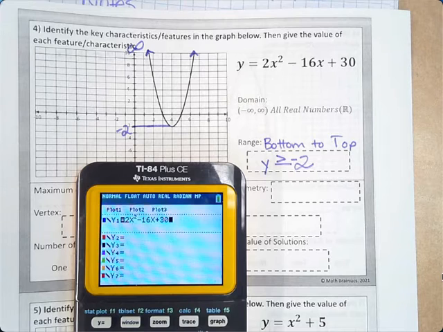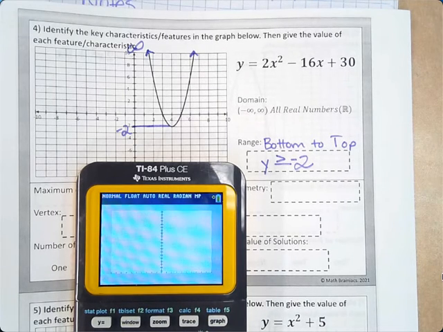So we're looking for the y-intercept. Does anyone have any idea of what they think it might be? Okay, so we'll graph it. Oh, I'm still zoomed. So I'm going to hit zoom standard.